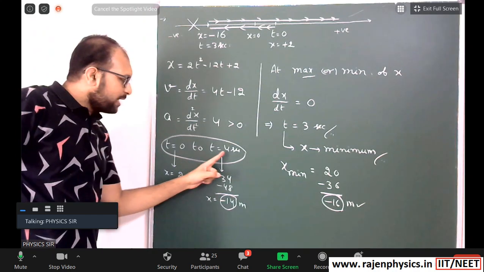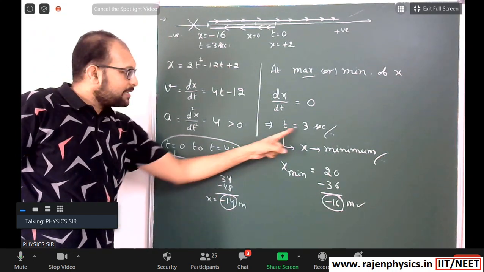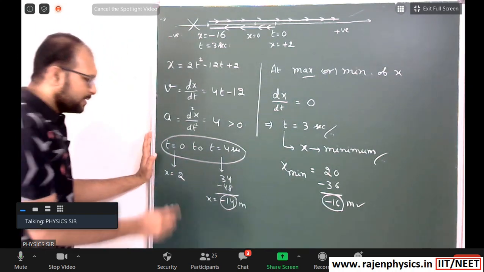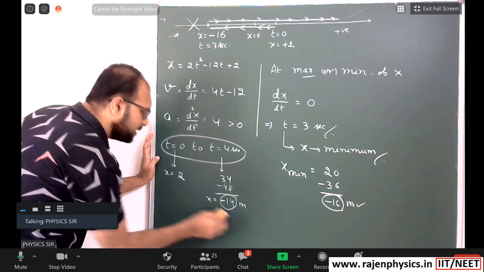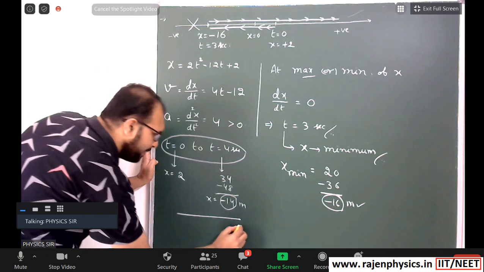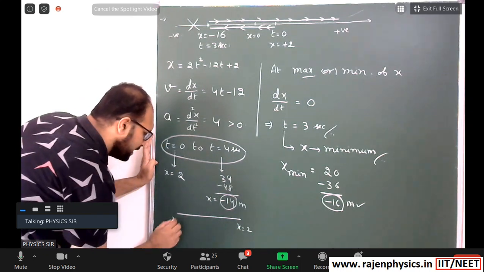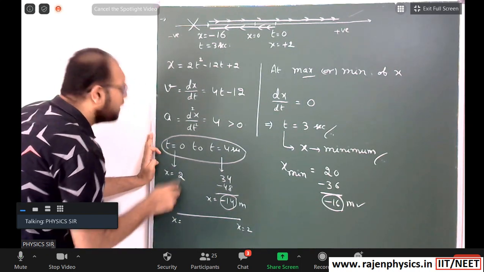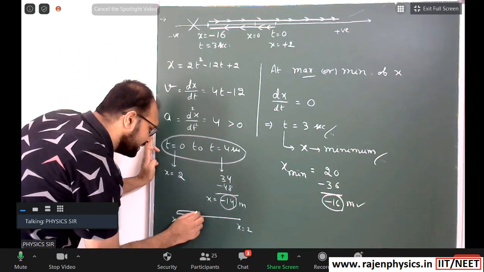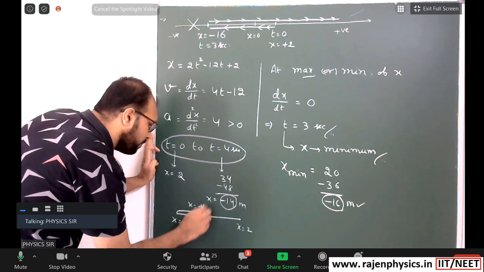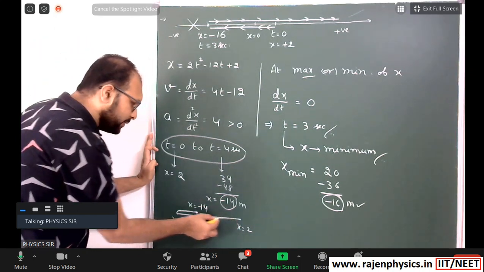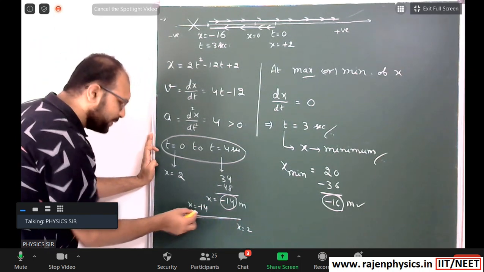But students, here t equal to 4 seconds means that at t equal to 3 seconds the body is at rest. You need to understand that at t equal to 0, from here to here, that is x equal to 2 to x equal to minus 16. Then the return journey started. Now x equal to minus 14. That means here to here, then again here to here.